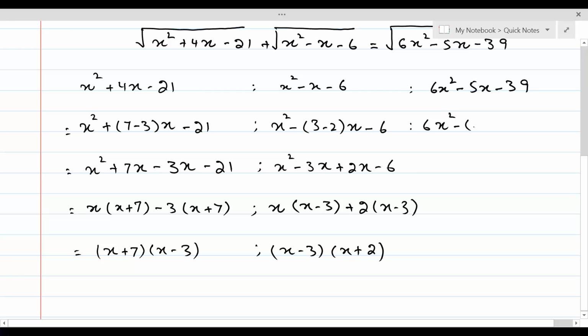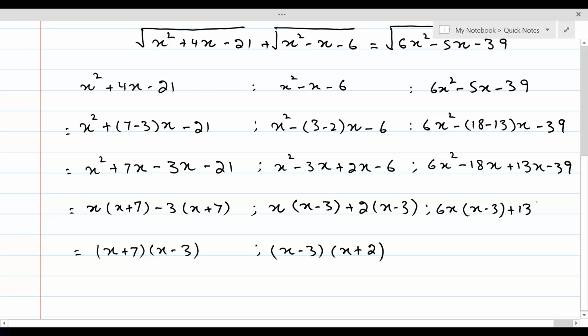So 6x squared minus 18x plus 13x minus 39. If we take 6x common, inside would be x minus 3, plus 13 common, x minus 3 again.